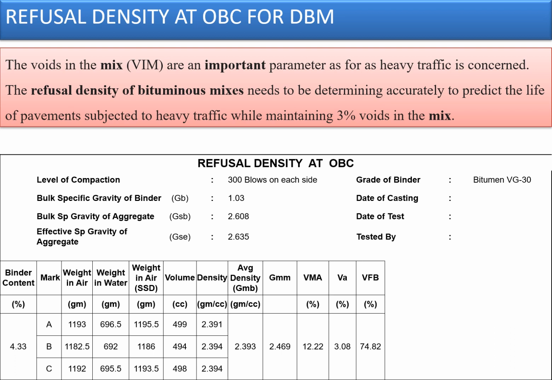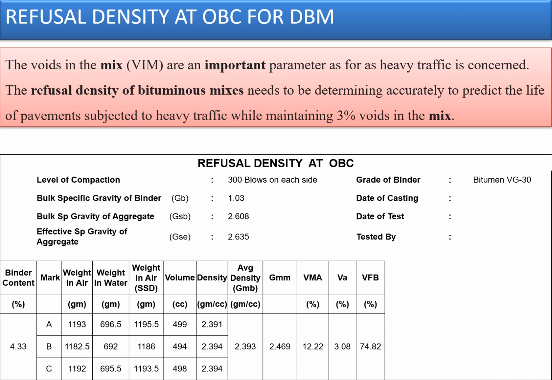So what is done is you need to cast the mold, which was earlier cast at 75 blows on each face. Now that has to be cast with 300 blows on each face, depending upon the type of traffic for which you have designed the pavement. It can be from 300 to 400, 400 to 500.